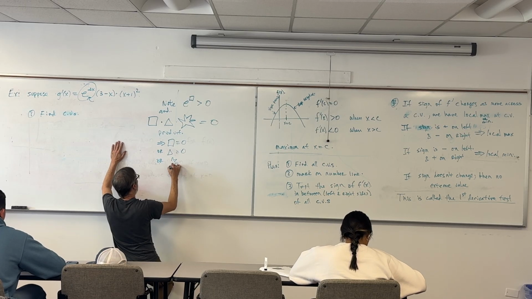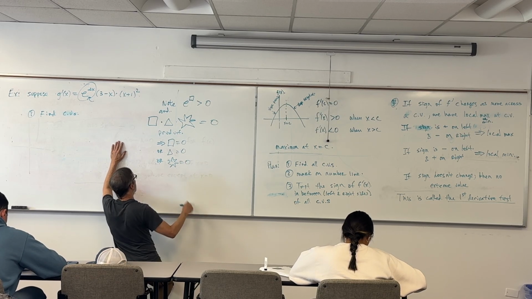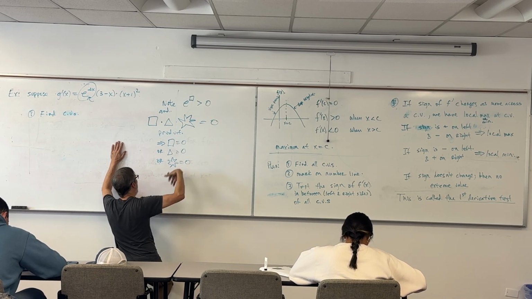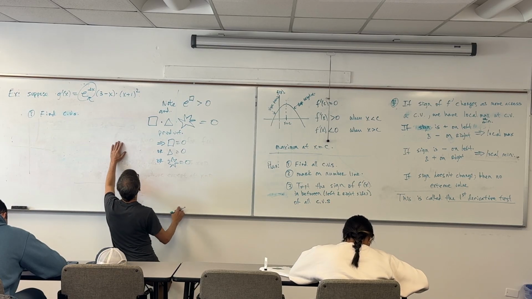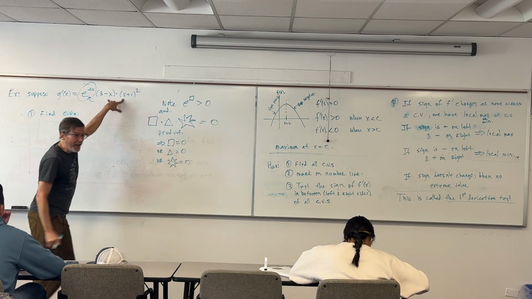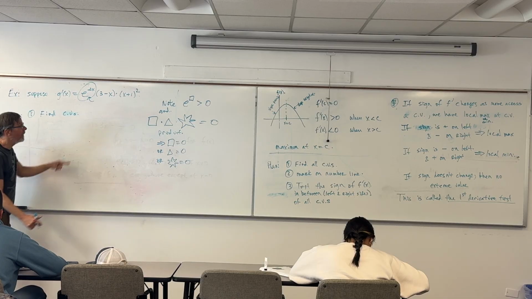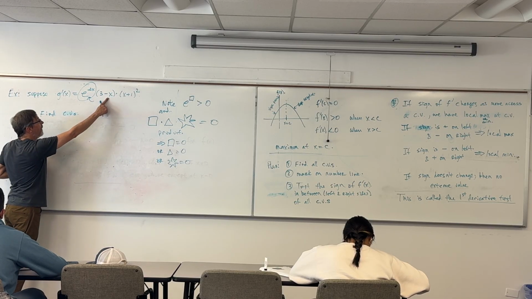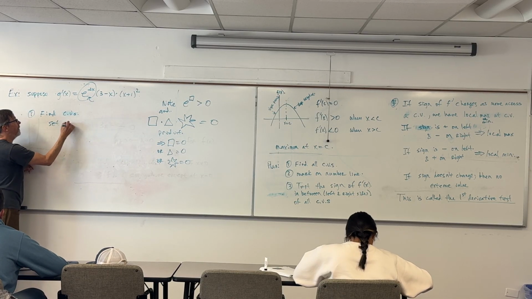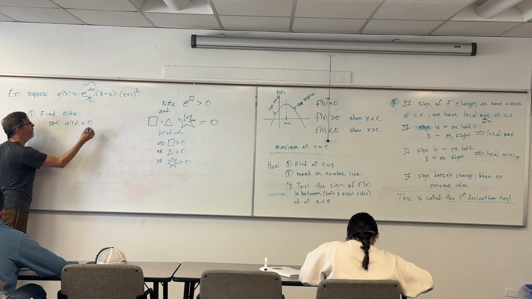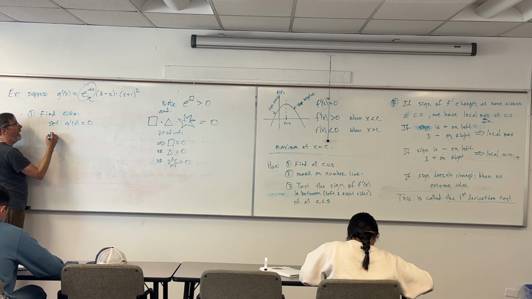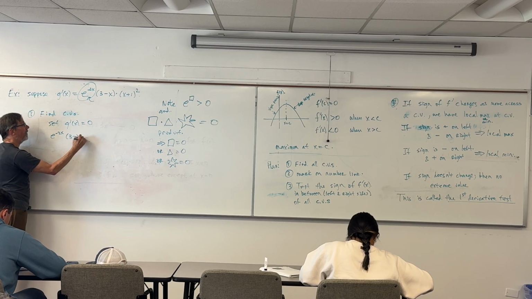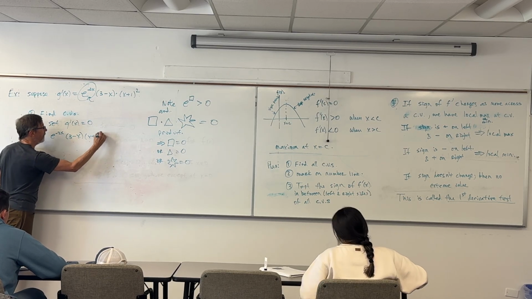And if there's more pieces in there, then there's more of these possible things that can be 0. So when I come to this guy, I could have a 0. So I'm going to set g prime of x equal to 0. And that would mean that this whole thing, let's write it all out, 3 minus x times x plus 1 squared equals 0.